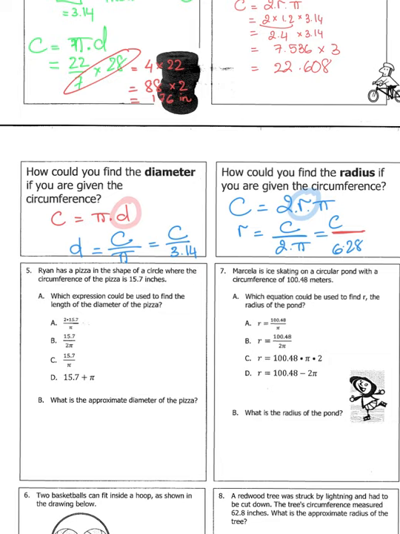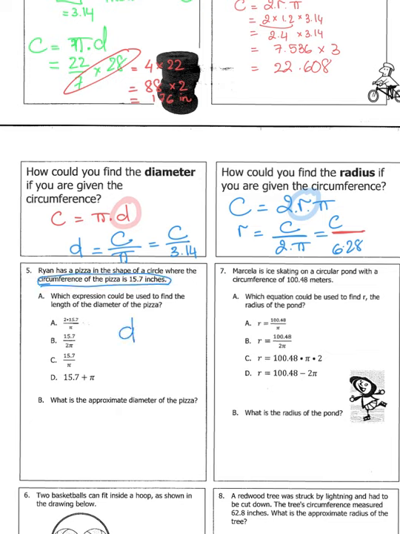Number 5. Ryan has a pizza in the shape of a circle, where the circumference of the pizza is 15.7 inches. Which expression finds the length of the diameter? Okay, so we know the circumference and we're looking for the diameter.